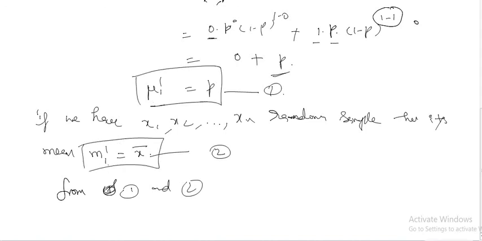From these two, replace mu1 dash by m1 dash. From 1 and 2 we get p equals x bar. Therefore, p cap equals x bar.